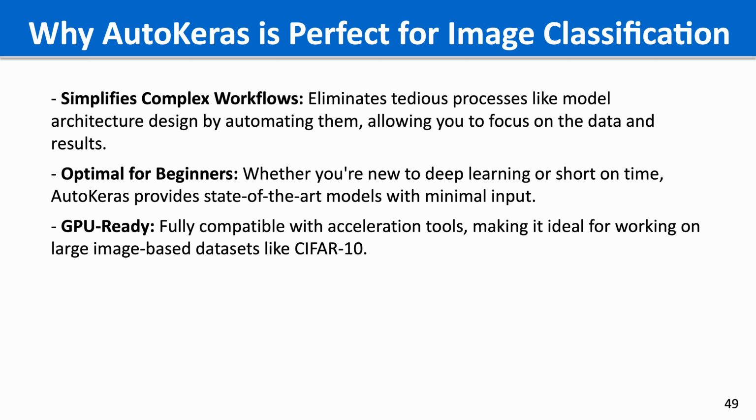That freedom is priceless when you're working with unstructured data like photos or medical scans, where feature extraction is not obvious. AutoKeras also exports a standard Keras model, so deployment to TensorFlow Serving or conversion to TensorFlow Lite is painless. In other words, fast experimentation upfront and a straightforward production workflow at the end.